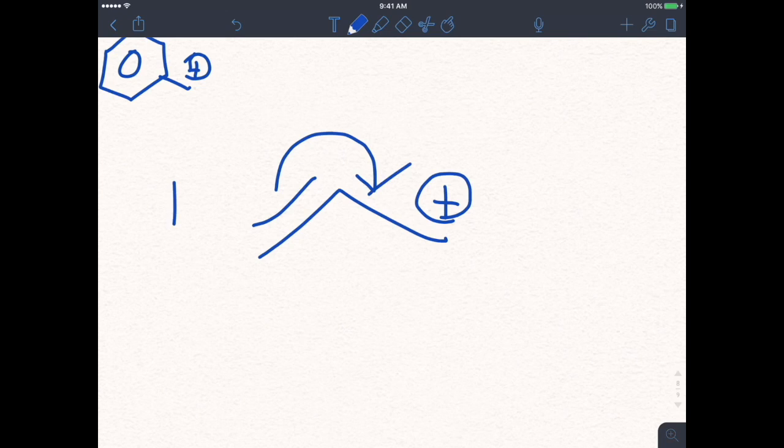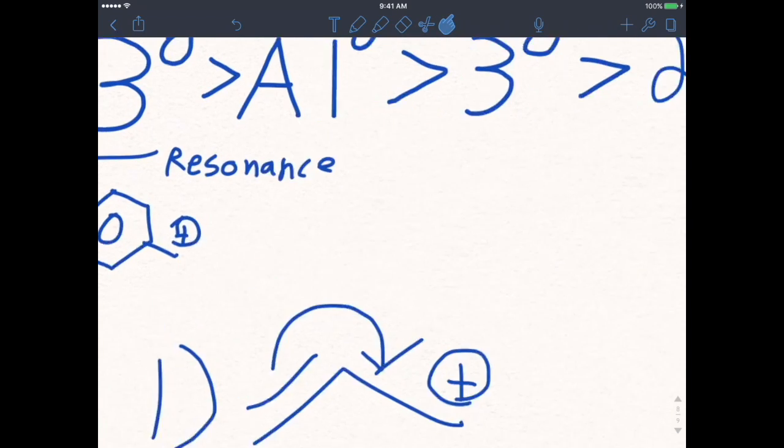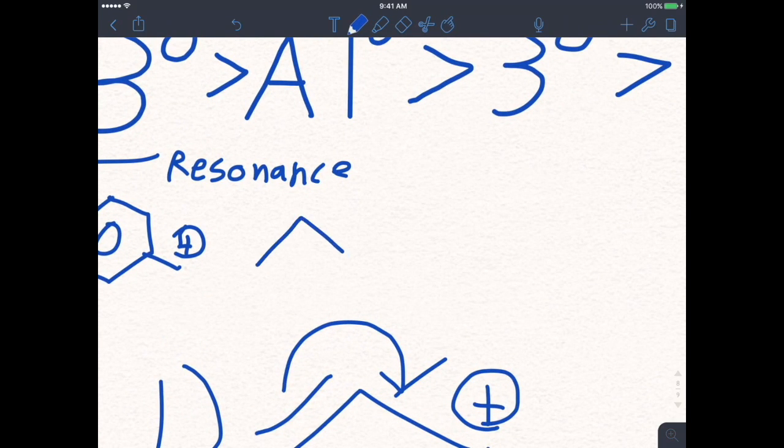There's the first one here, and then if I followed it over, you have your second option with it moved over here. That allows it to share this positive charge among 2 carbons. Also very stable, just not as stable as having a ton of resonance structures as to the left.